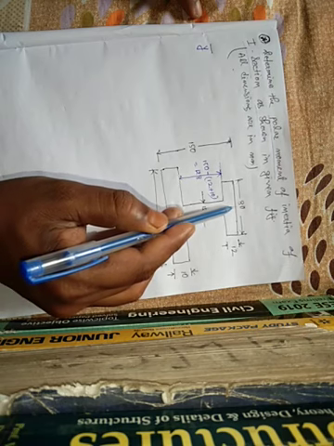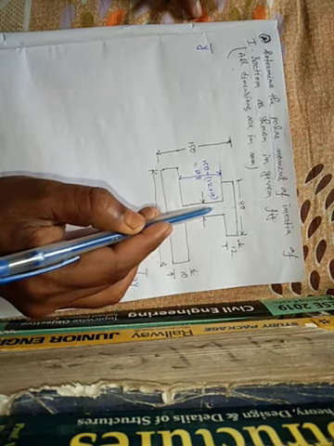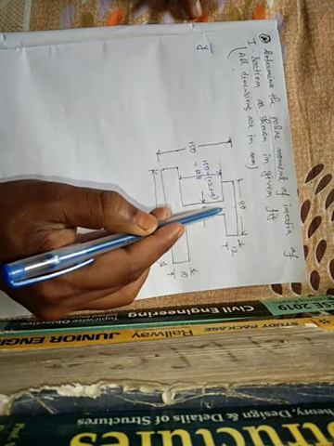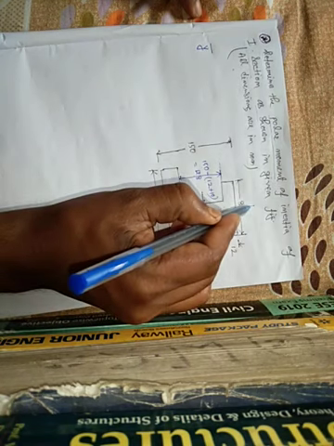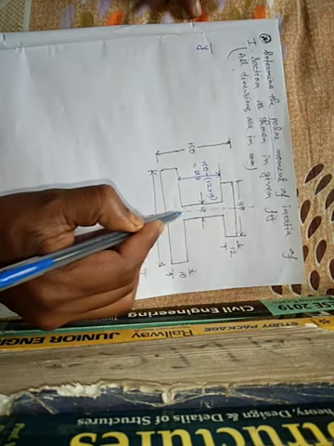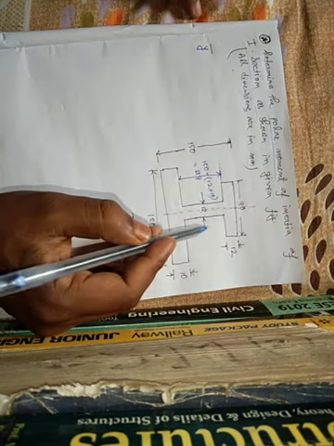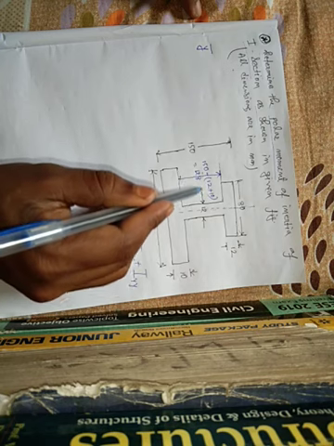We do not need to find the CG about the y axis, because the section is symmetrical about the y axis, so the CG will pass through the center of the I section about the y axis. We need to find the y bar, which is the CG about the x axis.